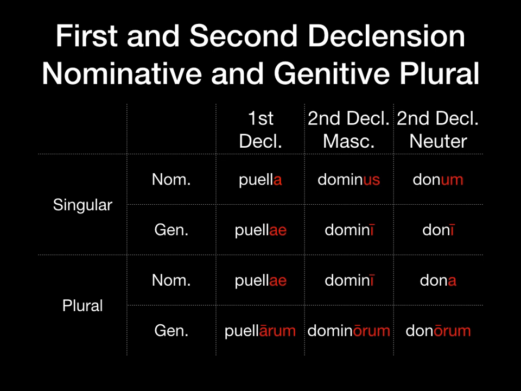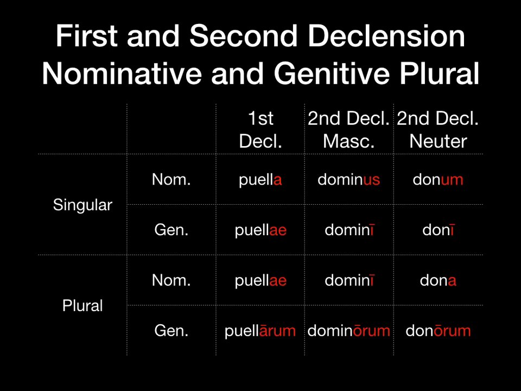So these are the plurals, and complications arise since there are some identical forms, as you can see. The nominative plural of first declension nouns and adjectives is the same as the genitive singular, ae. So when I say puellae, I might either be using the nominative plural or I might be using the genitive singular.